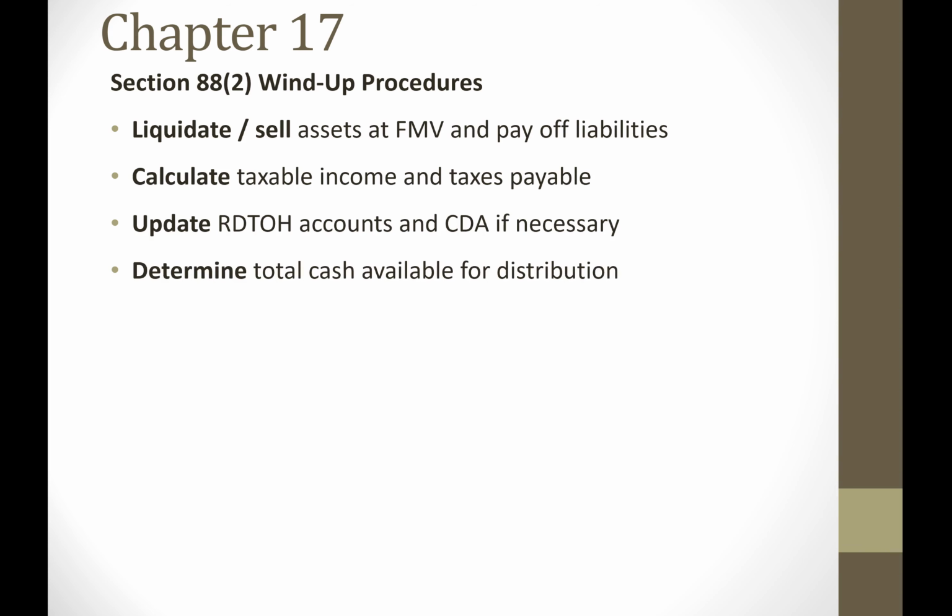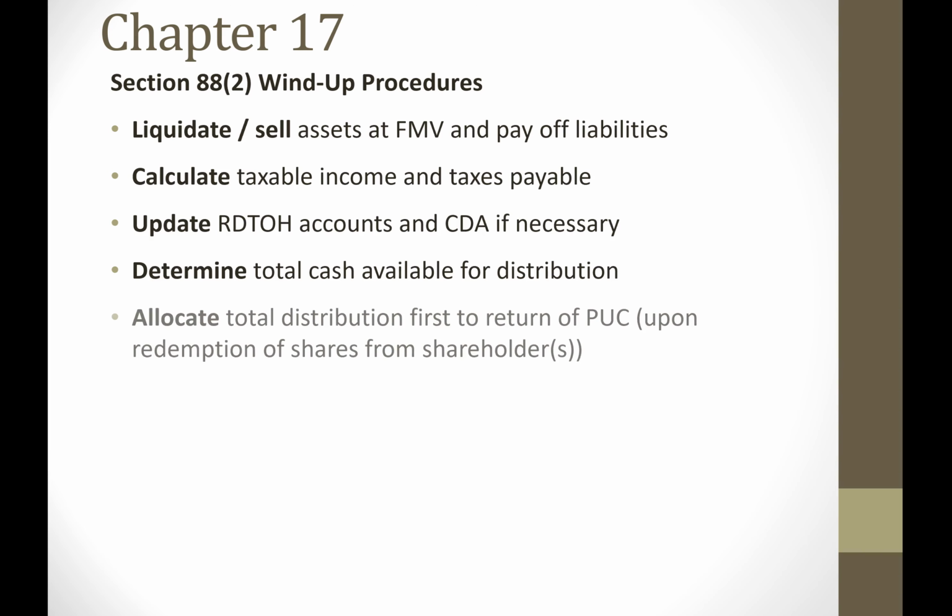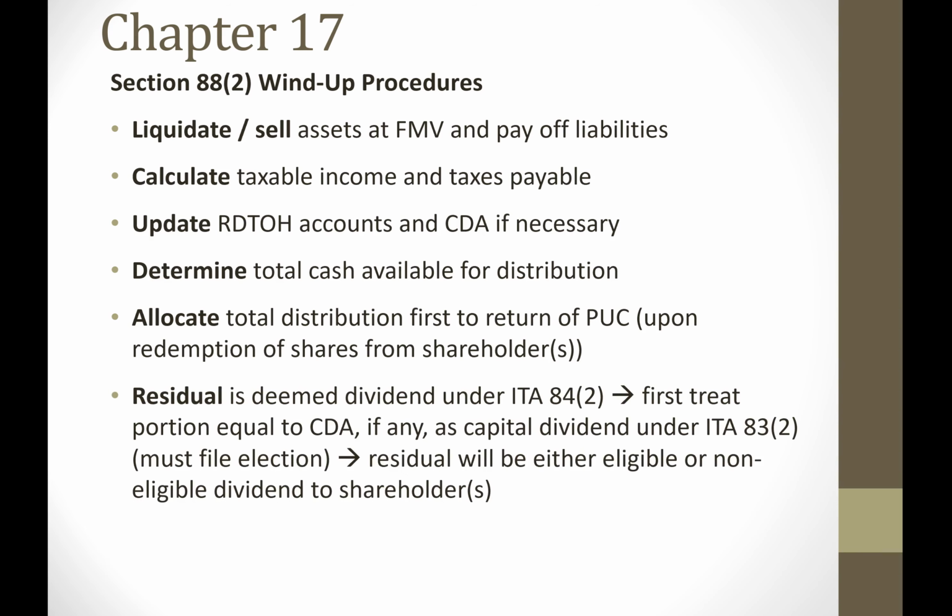And then they'll determine how much cash they have available after they pay off all their liabilities and pay off all their taxes. Then they're going to basically redeem the shares from the shareholders. Now, when they redeem the shares from the shareholders, the amount up to the PUC can be returned tax-free to the shareholders. Any amount over that will be a deemed dividend. Now, the deemed dividend, first of all, should be allocated as a capital dividend, an amount up to the balance in their CDA account.